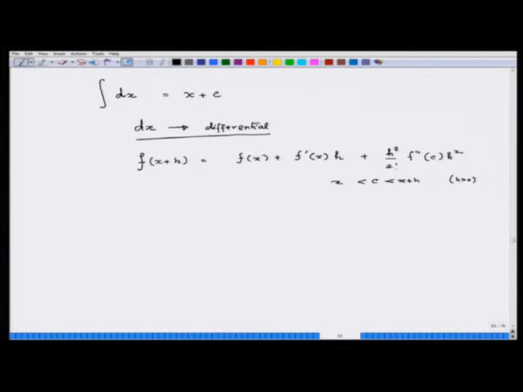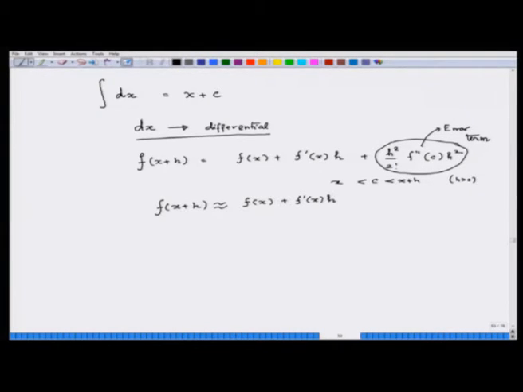Now, this is something which is an error, it is actually an error term. Effectively, when h is very small, that is when the distance between x and x plus h is very small, I say that the value of the tangent line and the value of the function are very near, they are almost the same.